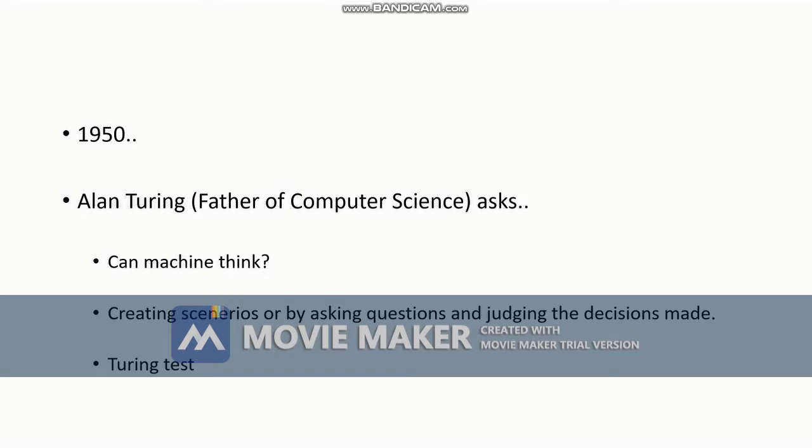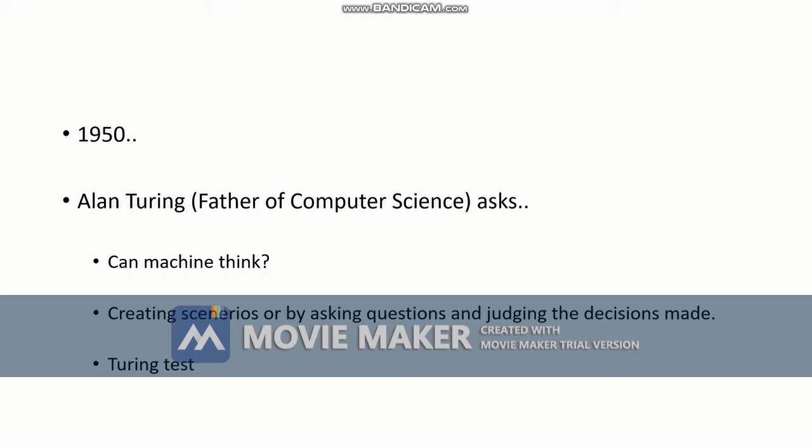Now the question is, how do we know whether a machine can think or not? After a lot of thinking, he came up with this sort of philosophy. We can judge whether a machine can think or not by creating some scenarios or by asking questions to the machine, and based on the decisions that the machine makes, we can say whether it can think or not.